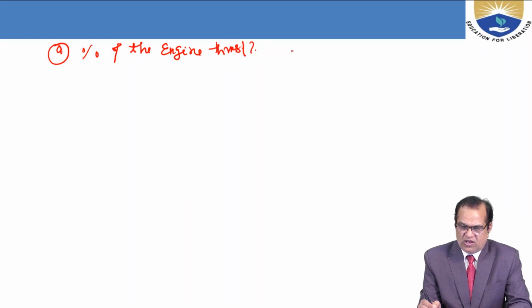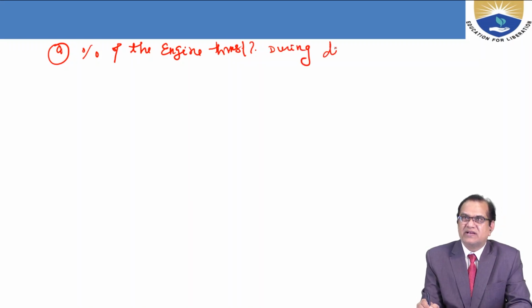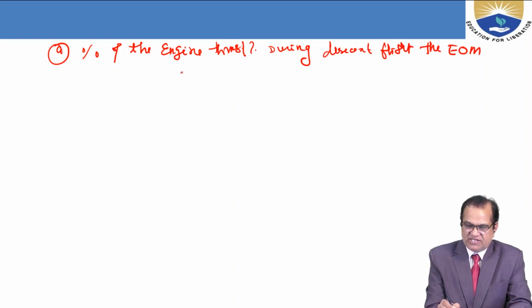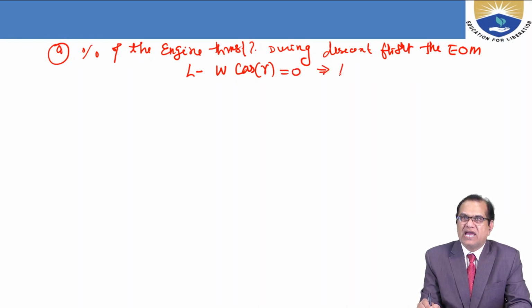And we know that during the descent flight, the equation of motion is L minus W cos gamma is equal to 0, or L is equal to W cos gamma.